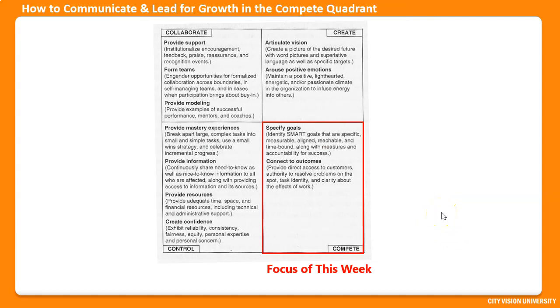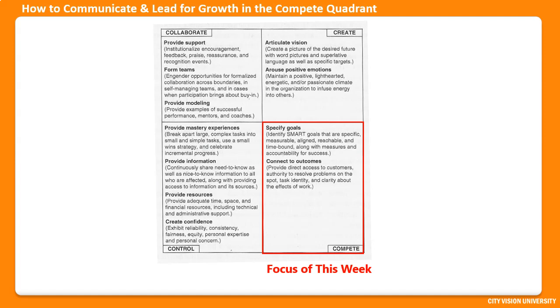So how do you communicate and lead for growth? SMART goals are this quadrant. So, specific, measurable, aligned, reachable, and time bound, and you will have measures and accountability for success. So if you're in fundraising, you've got to hit your fundraising target for that year, if you're, say, managing major donors or things along those lines.